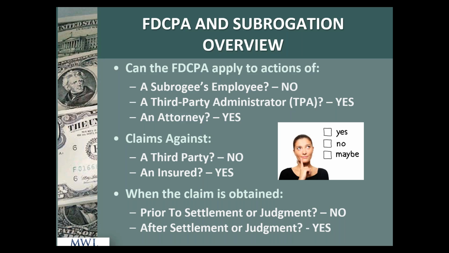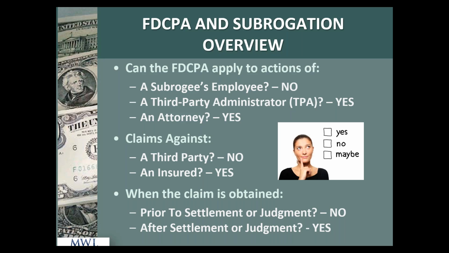With a TPA, a separate company or entity altogether, the act could apply. It might not necessarily, based on the other factors, but it certainly could. An attorney, we talked about that at length, but yes, the FDCPA could apply depending on other circumstances in the case.